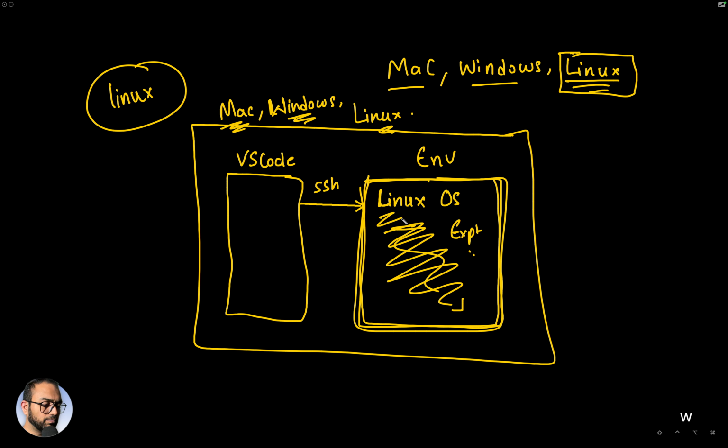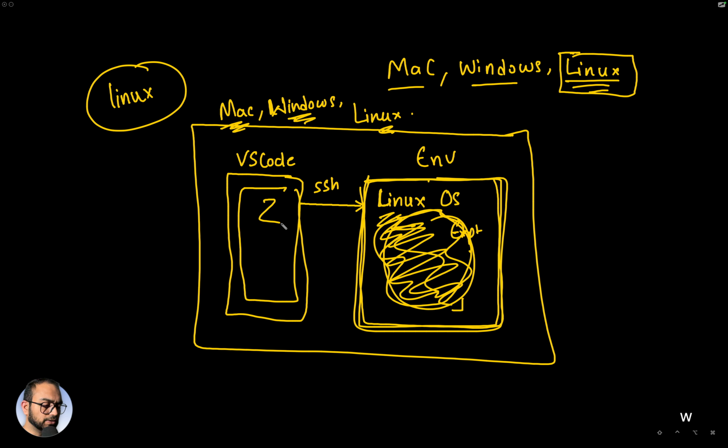Whatever code we want to develop, we can use VS Code to write it, but the files are being created and the code is being committed to files on this Linux environment.